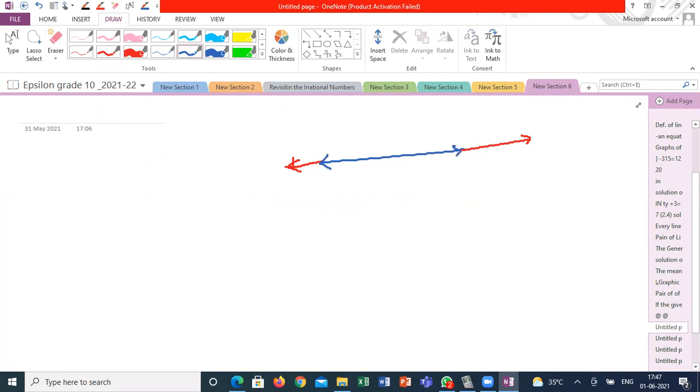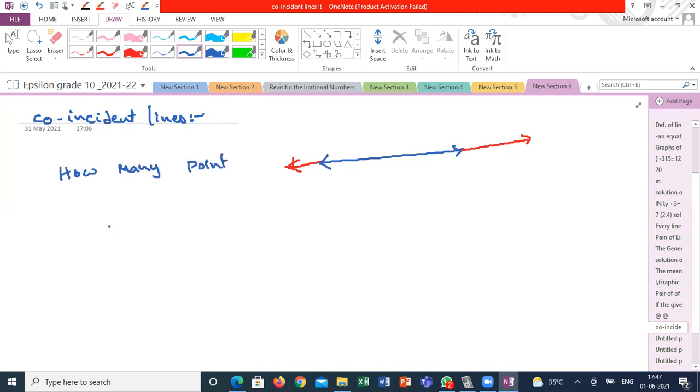This system we can call coincident lines. In this case, how can we define this situation? What is the meaning? How many points are common to both the lines? All points are common, sir.